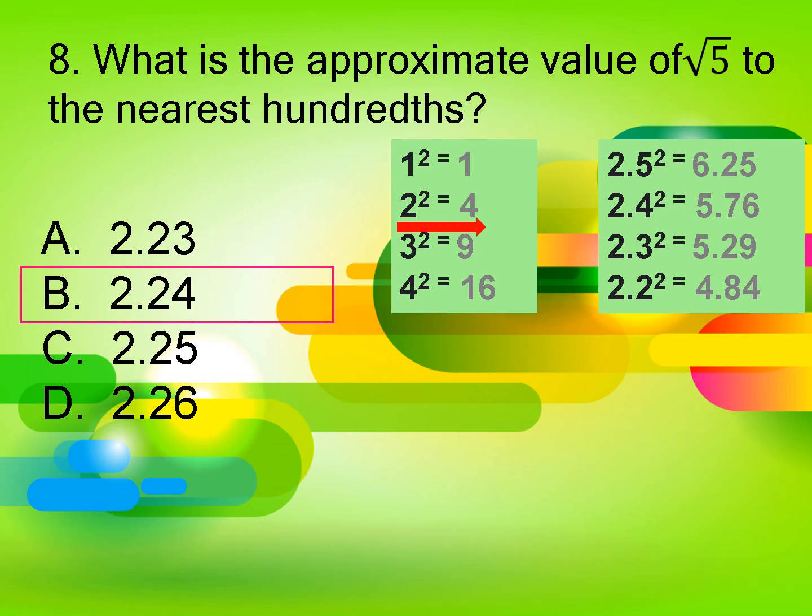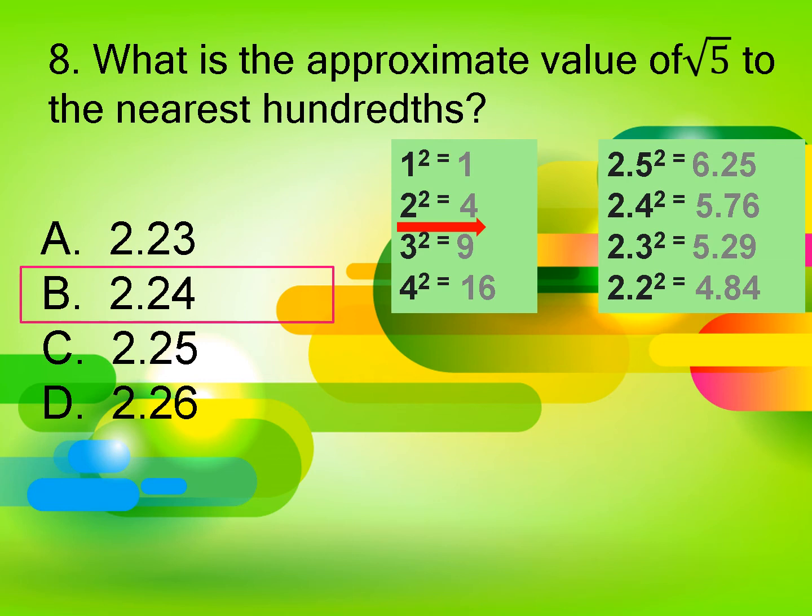2.4 times 2.4 is equal to 5.76, still greater than 5. So we'll go lower. So 2.3 times 2.3 is equal to 5.29, still bigger than 5. So we'll go lower. 2.2 times 2.2 is equal to 4.84.